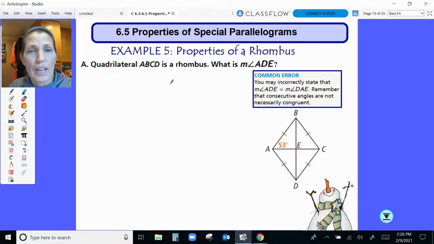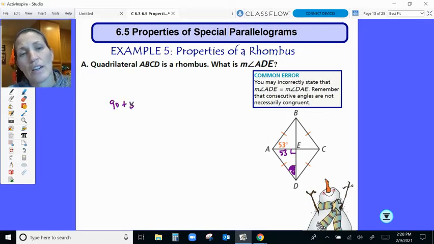Okay, here's quadrilateral ABCD. It's a rhombus. What is the measure of ADE? So we're talking about this angle right here, ADE. All right, so right here, this is a 90-degree angle. We know this angle gets bisected by its diagonal, so this is 53 degrees, and now we can use the triangle sum. We know that 90 plus 53 plus x should equal 180 degrees, right?